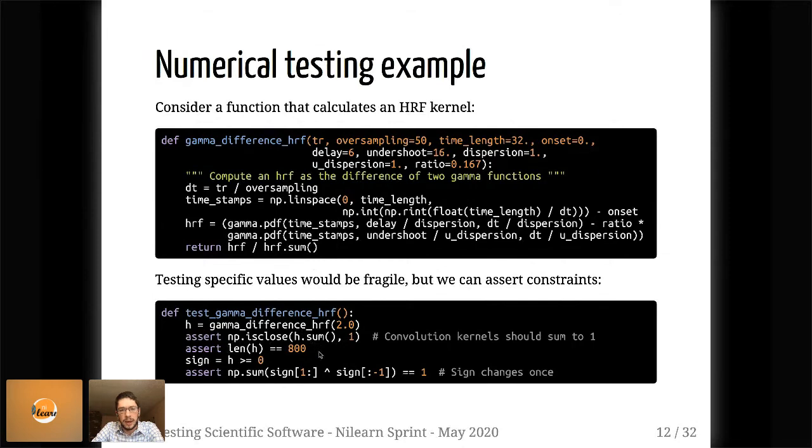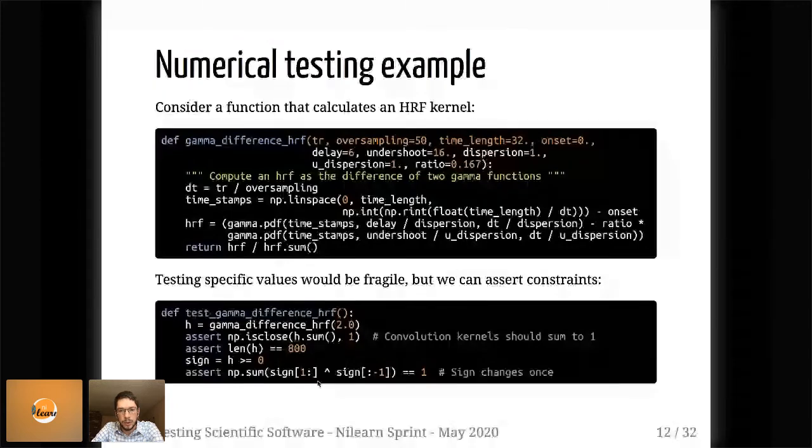And for this value, at least, it should be 800 time points long. You can also make other constraints. For instance, I know a double gamma, a difference of gammas, is going to have a positive section followed by a negative section. So I might take the sign and check that the sign changes only once.